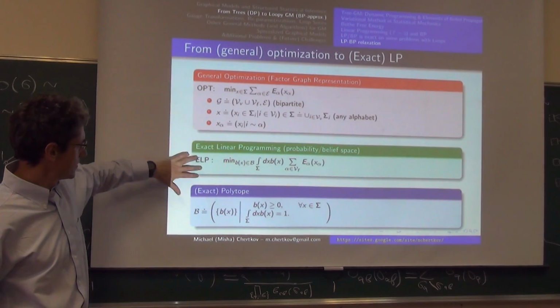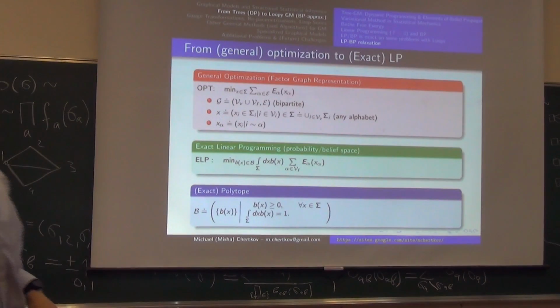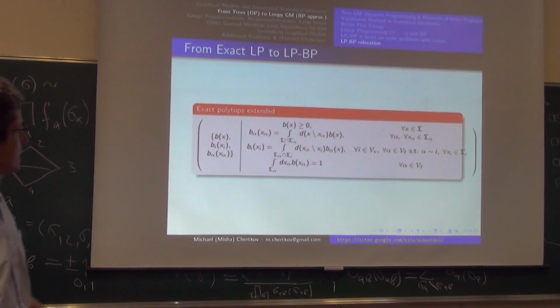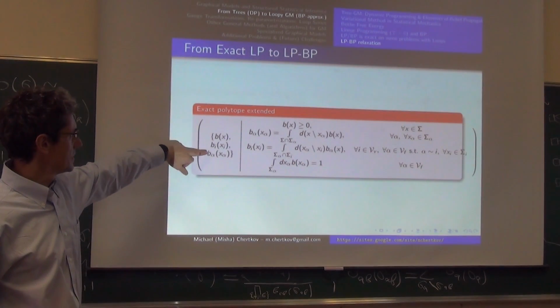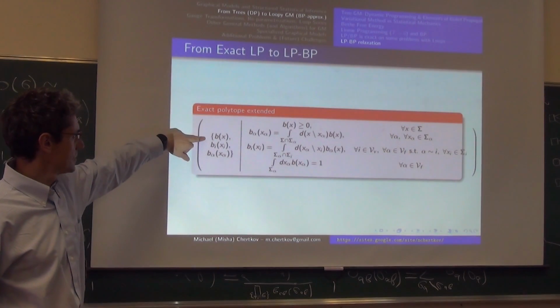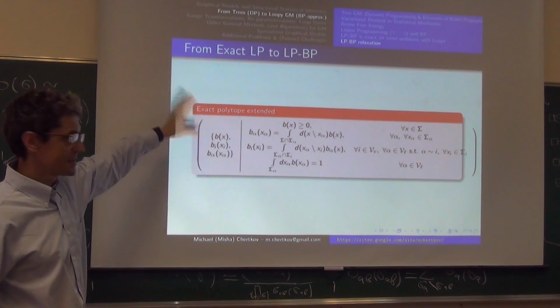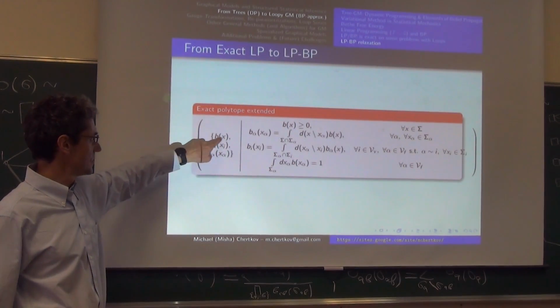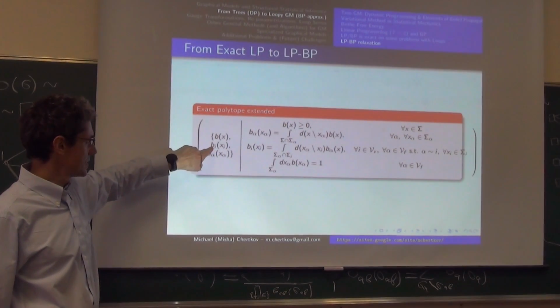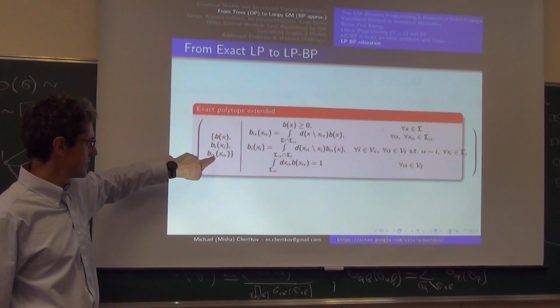But in any case, it's linear programming, it's the exact polytope, and then I can actually interpret my belief propagation in the following way. I first modify my exact polytope in this form, so I extend the space from the state space, which is already large, b of x.